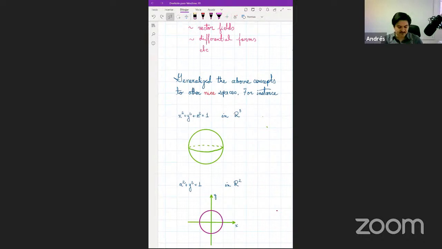A similar example, one dimension less, is the circle. The circle in R2 is also a closed set. You can define functions on the circle, but at this point, you cannot talk about whether it's differentiable or not.